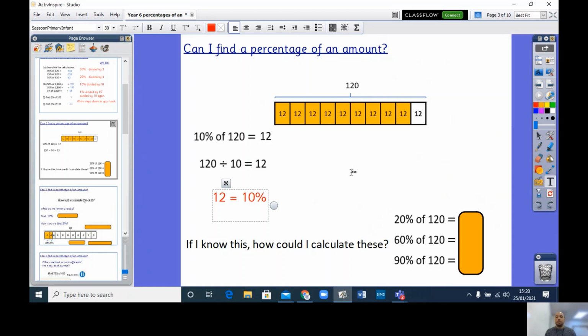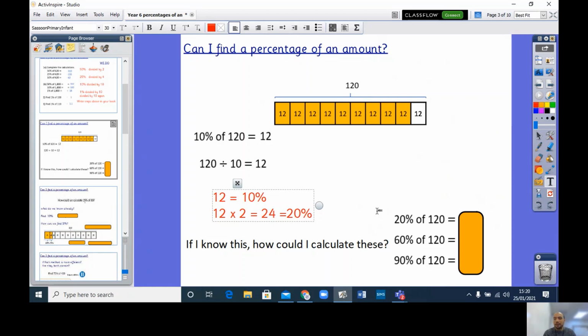We don't want 10%. We're looking for 20%. So if we're looking for 20%, all we do is multiply our answer by 2, which equals 24. So that equals 20%. So we times it by 2 because we wanted to get from 10% to 20%.